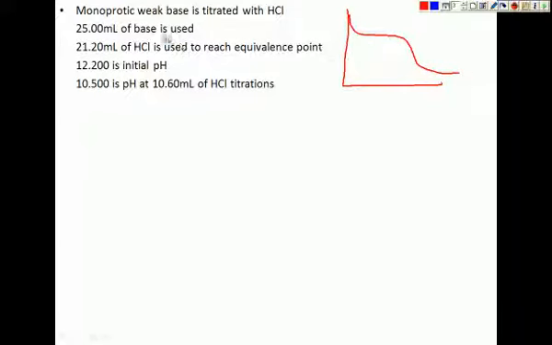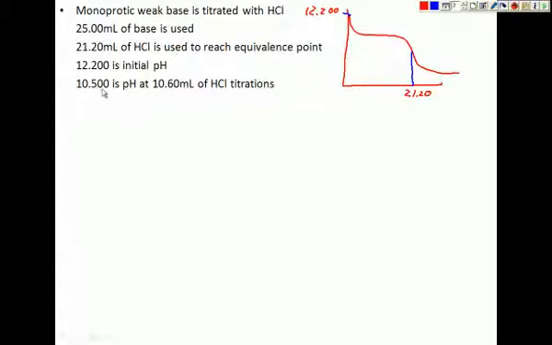The 25 milliliters doesn't go on the graph. 21.2 milliliters of HCl was used to reach the equivalence point. That goes right here, because that is our VA, the volume of acid used: 21.20. The pH initial is 12.2, up here: 12.200.